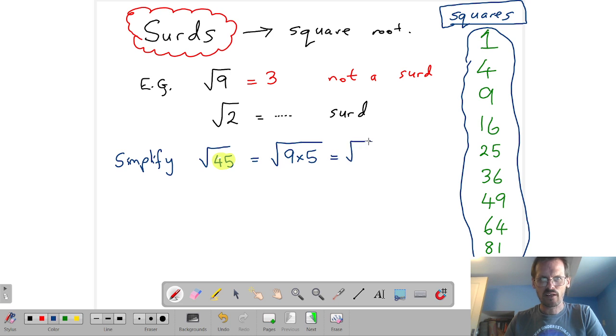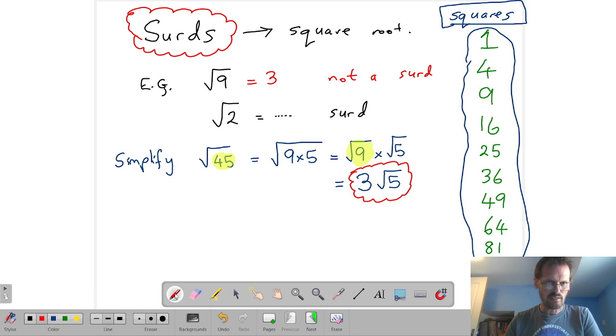You can split that up into the square root of 9 times the square root of 5. Now, square root of 5 you can't do anything with, it's not in the list. But the square root of 9, we know we can replace that by 3, don't we? So that's just 3 times the square root of 5, which we just write as 3 root 5. That's that one simplified.